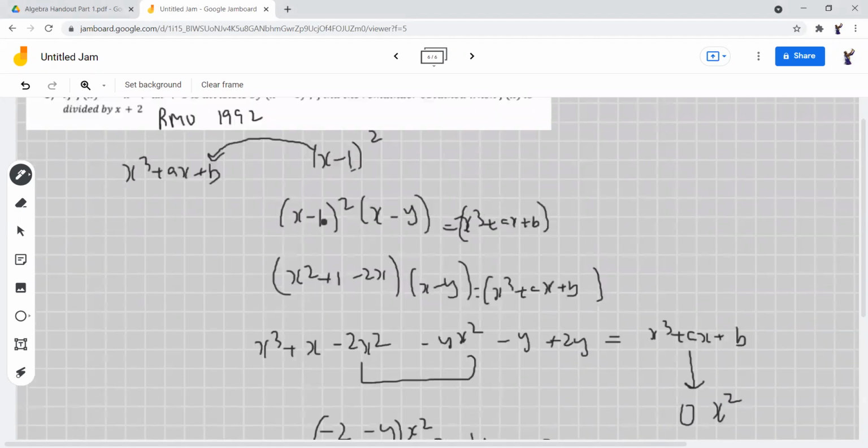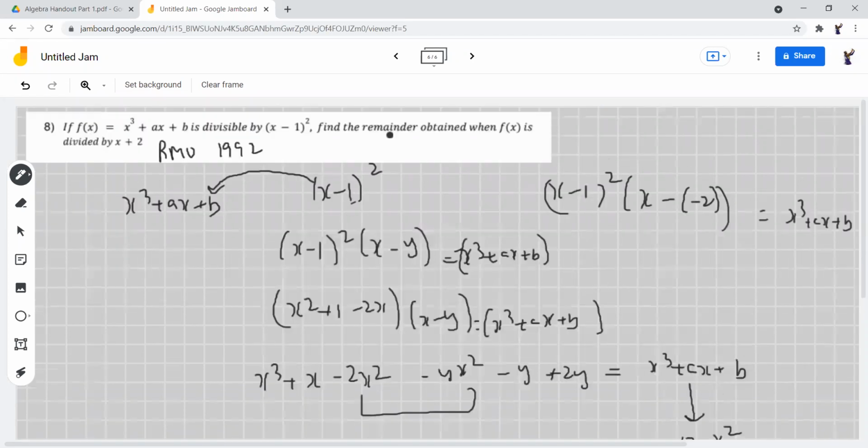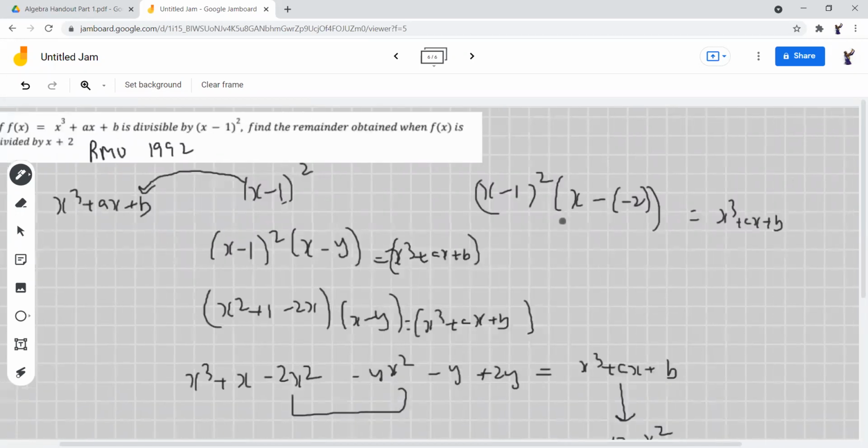So now I know that x minus 1 whole square into x minus of minus 2 equals the equation x cube plus ax plus b. This is what I wanted, and this is nothing but x plus 2. So you get x minus 1 whole square into x plus 2 equals x cube plus ax plus b.